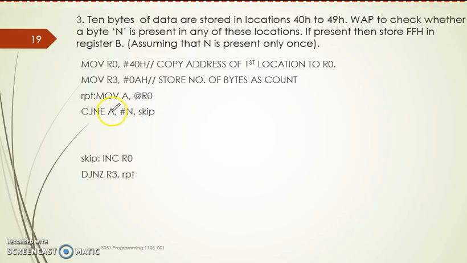So if the first value in the location 40H is not equal to the value n, then you increment the pointer so that it points to the next memory location, decrement the counter DJNZ R3 and jump back to repeat. If it is equal, which means the byte n is found, therefore move FFH to B and SJMP to n. Terminate the program.